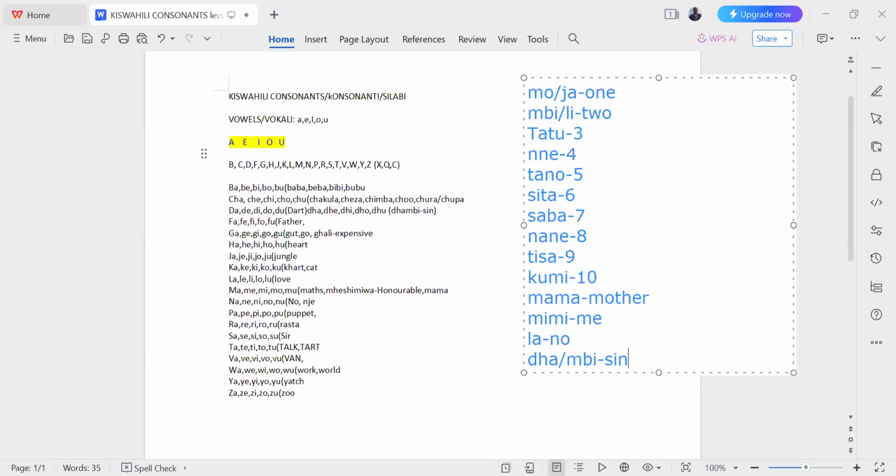Like in the B, you can have the word mba. Or in the word dhambi, it means you have taken the BI and taken the letter M alone from ma. So you brought M combined with the BI to form a word, you see? You've taken a letter D, which is da. Instead of DA, we've taken letter D alone and combined the letter H, which is HA, to bring the word dha.